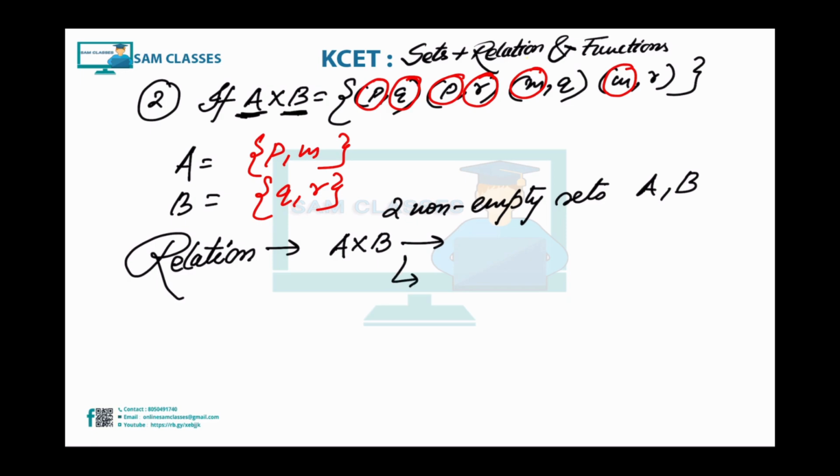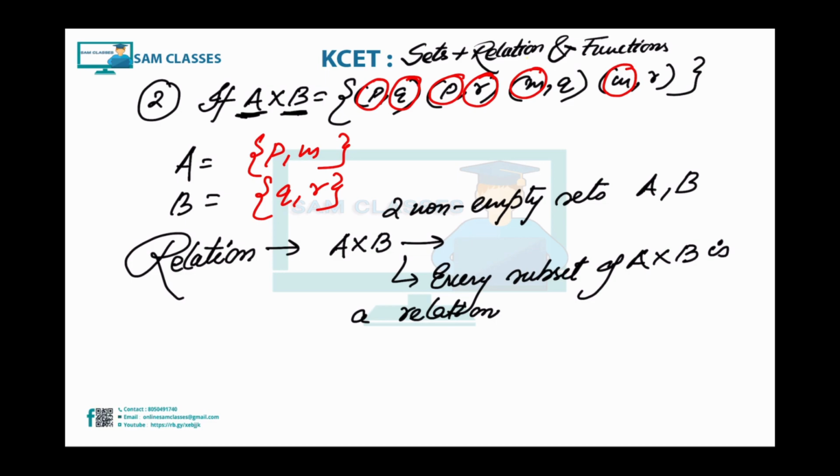So every subset of A cross B, student, is a relation, correct? So what is the definition of the relation? Whenever we have two non-empty sets A and B and we do the cross product A cross B, then all the subsets that we generate are a relation.